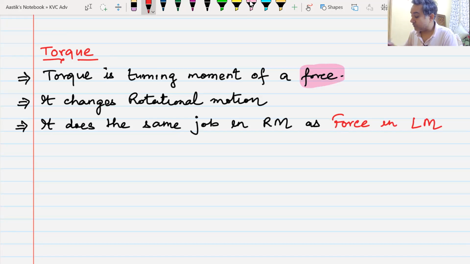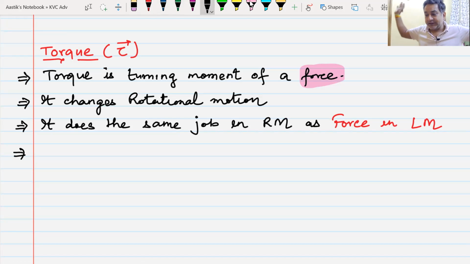The turning moment of a force is represented by the letter tau. It's a vector. If I don't tell you anything, you just don't know anything about it. What have you done for the past 2 years? You don't understand that torque and force are similar quantities. And I've written it's a turning moment of force.